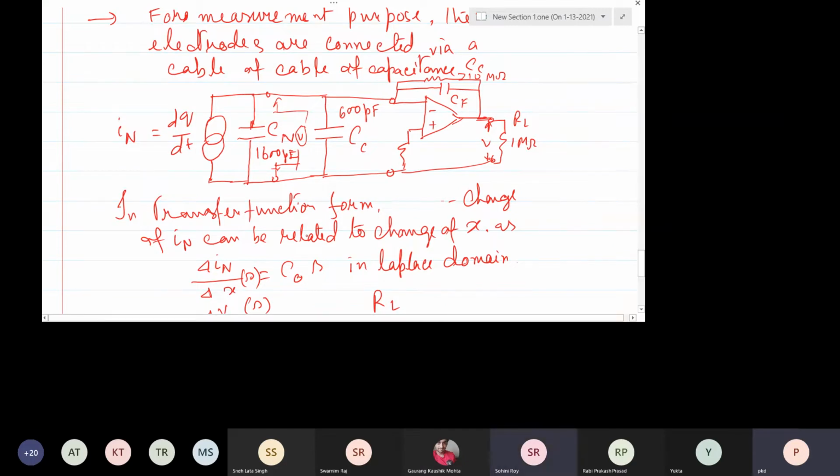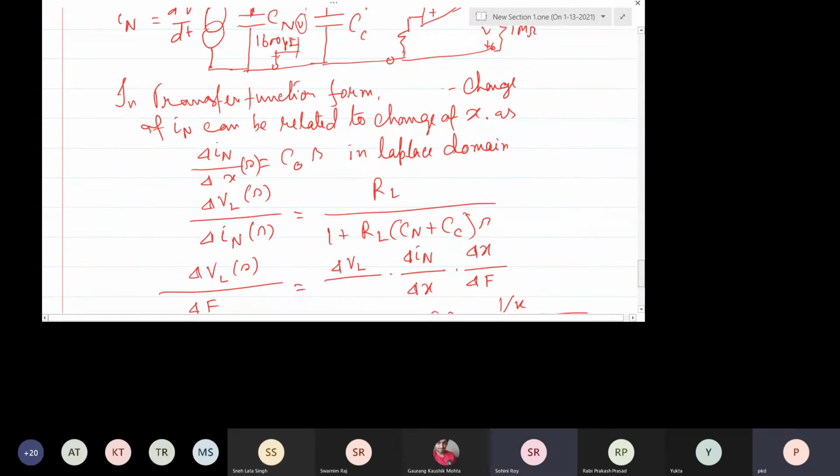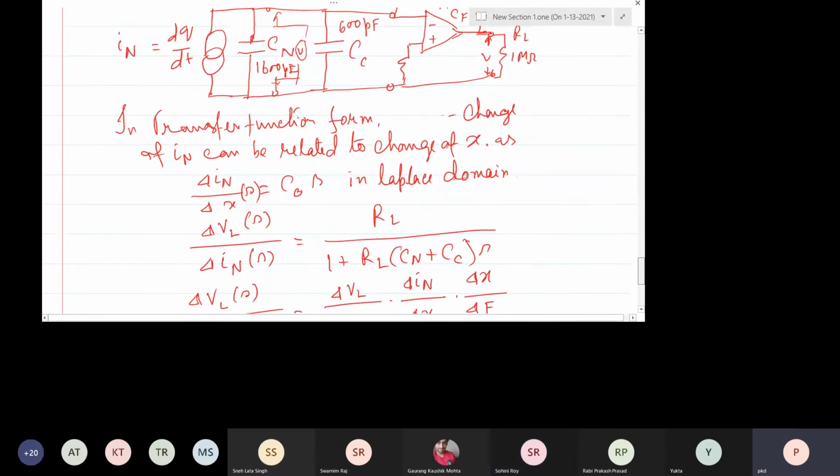But from a circuit point of view, there is some difference, as in Bentley: if you give a static force, you might have gone through it last semester, then the DC response of this piezoelectric sensor, because of this cable capacitance, is very low, tends to 0.